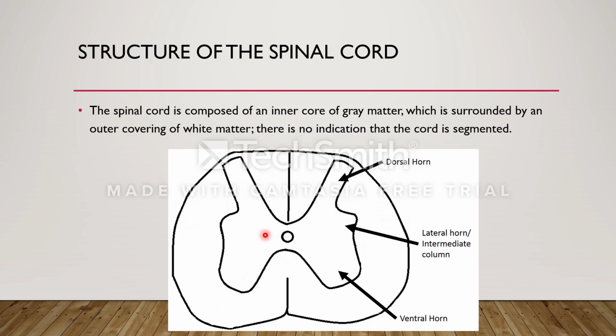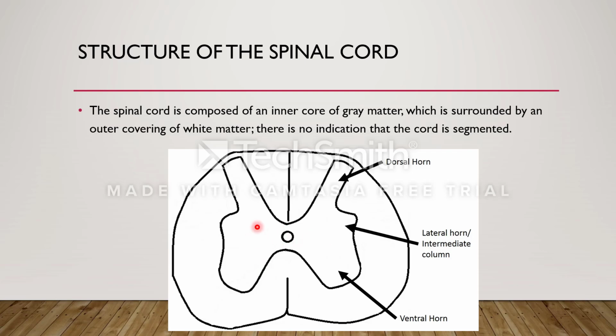Actually, the grey matter is the collection of the cell bodies in the central nervous system, and the white matter is the collection of the axons or the nerve fibers which are present in the central nervous system. If these collections of cell bodies are present outside the central nervous system, they will be named as ganglia.